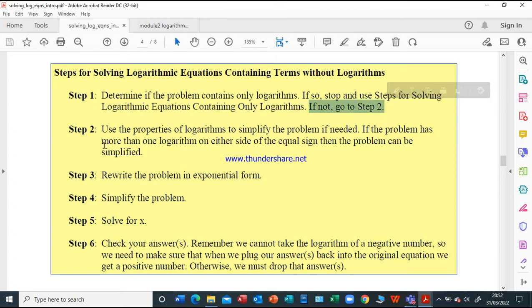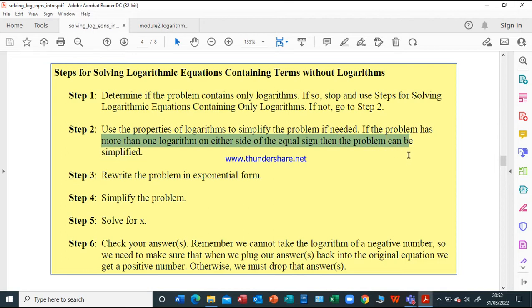Step 2 is to use the properties of logarithms to simplify the problem if needed. That is on one side, the left hand side or the right hand side, depending on where the logarithms are. If the problem has more than one logarithm on either side of the equal sign, then it can be simplified.